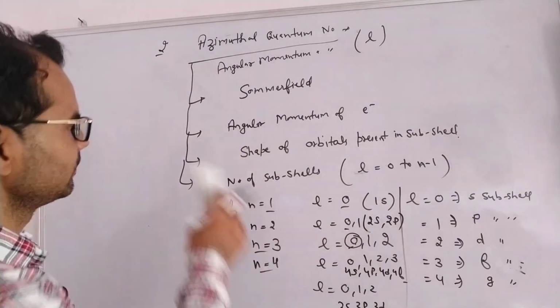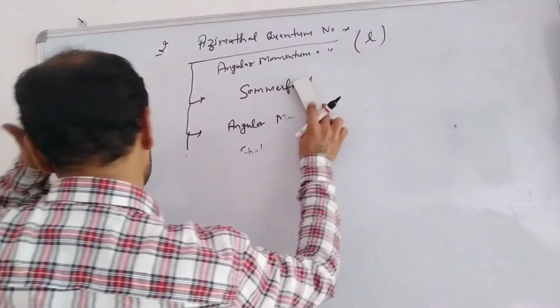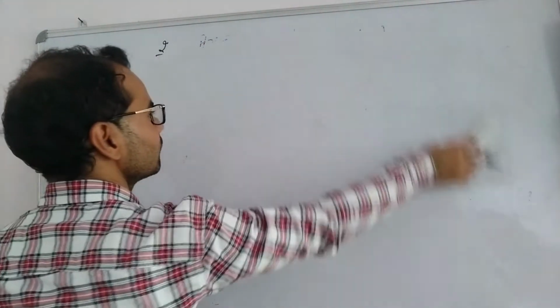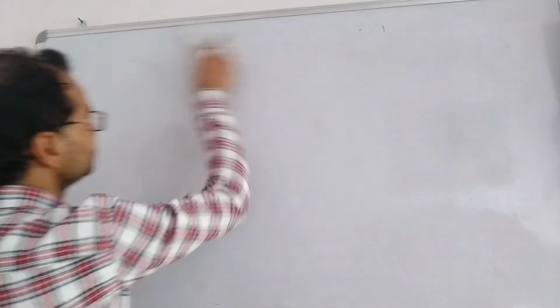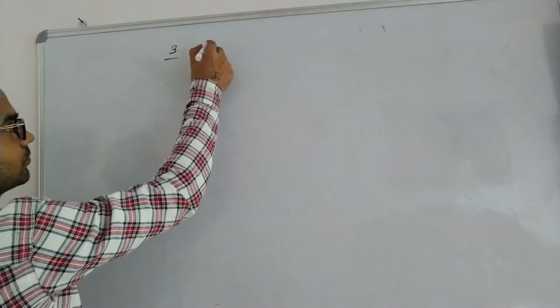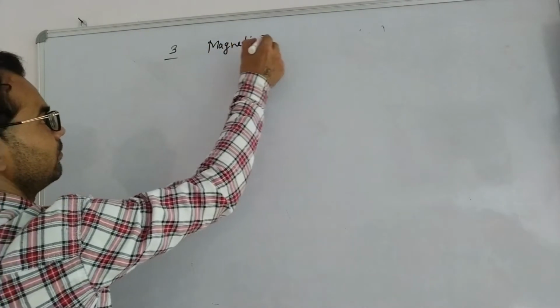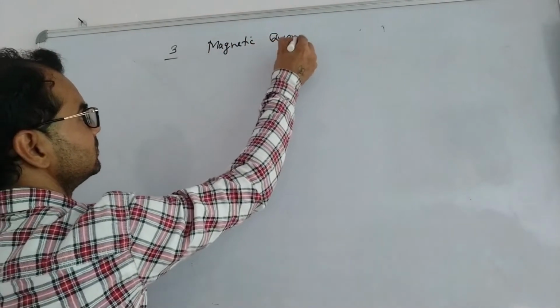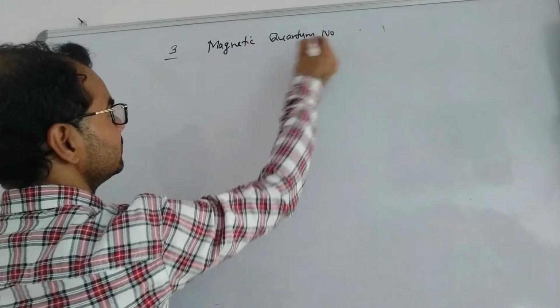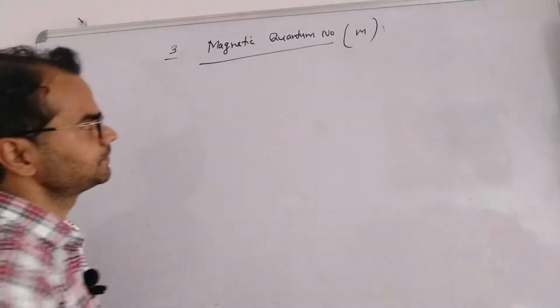Now the third quantum number. The third quantum number is the magnetic quantum number, denoted by small m.